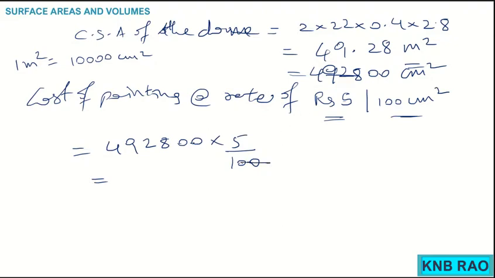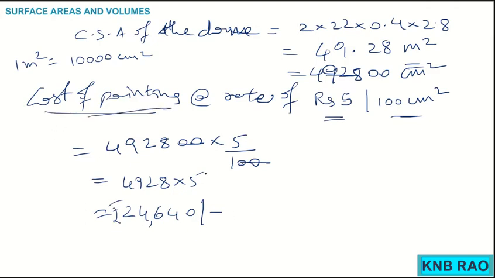Now, these two zeros will get cancelled. 4928 into 5 will get 24640, that means 24,640 rupees will be the cost of painting that dome. Okay, this is how we solve this question.